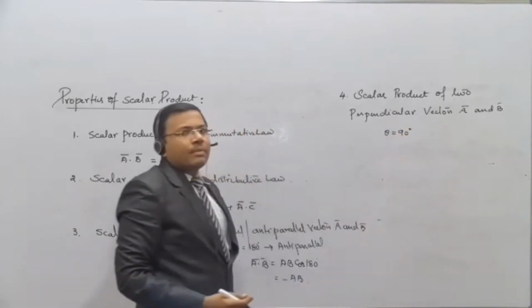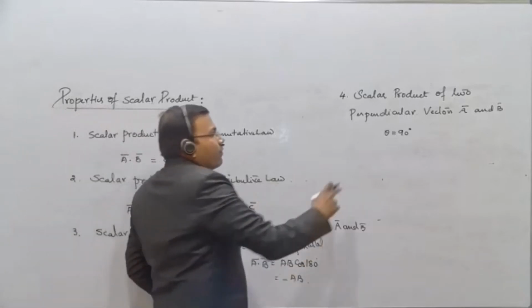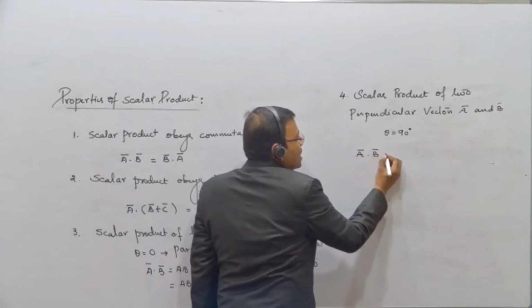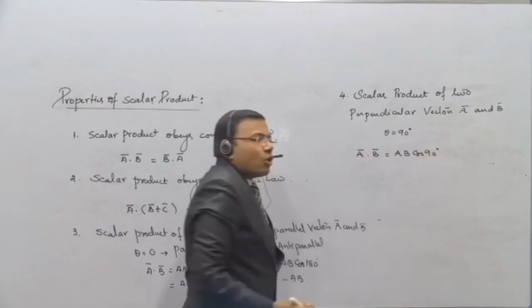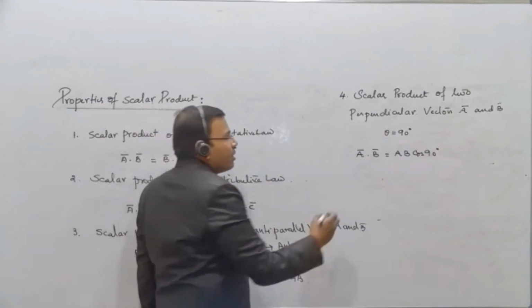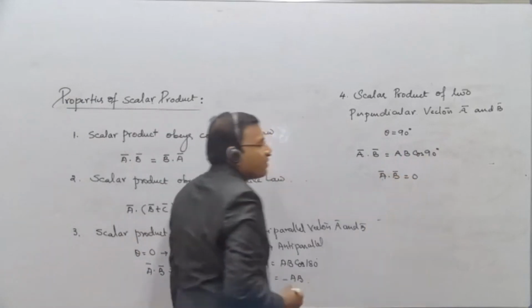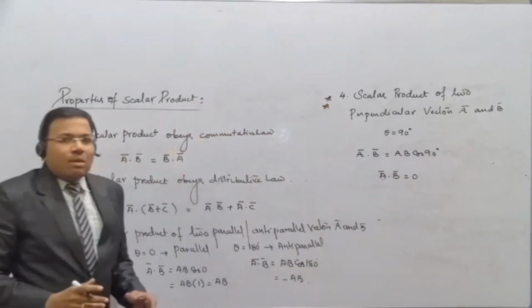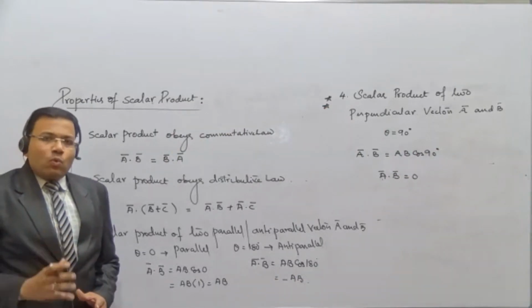Theta we had taken 0 earlier, here it is 90. So if theta is equal to 90, the dot product A dot B is equal to AB cos 90. And you should know what cos 90 is. Cos 90 is 0, and 0 into something is 0. That means A dot B is equal to 0. This is a very important property, problems can be framed on it. That means the scalar product of two perpendicular vectors is always 0.